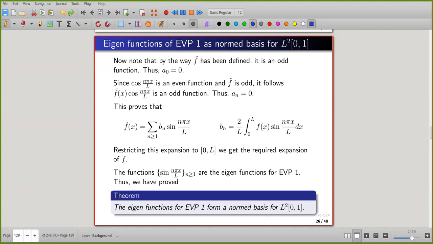I could take some function which looks like this, let's say from minus L to L, right? Now, the series of this function has points of discontinuity, these 3 points. Let's just focus at 0, right?